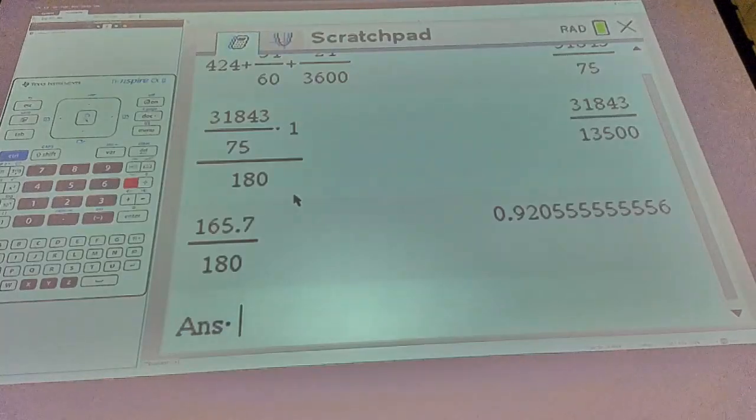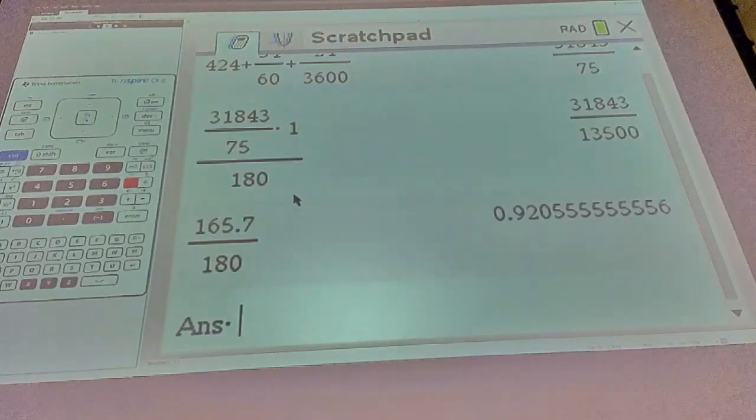Pi is an irrational number, so we actually don't know what its exact value is. A common approximation is 3.14. That's not good enough. 3.14159 is about as far as I know. A friend of mine actually memorized 100 digits of pi. Never do that.